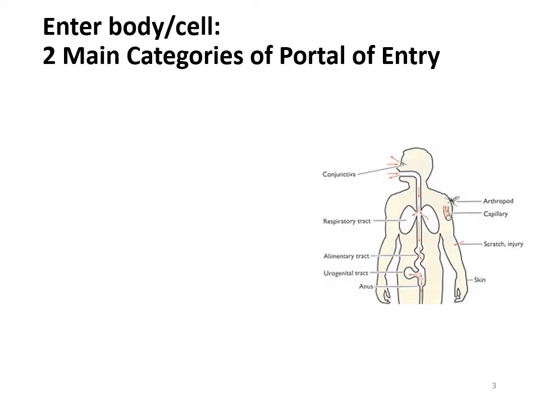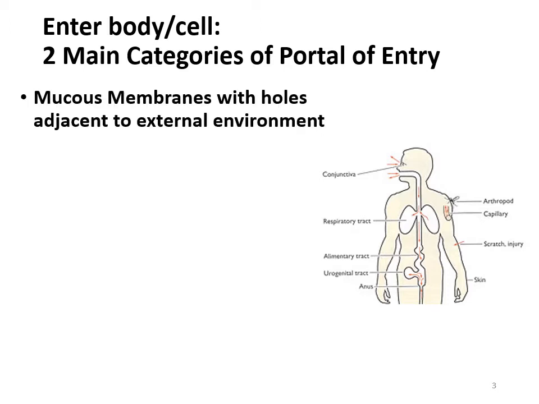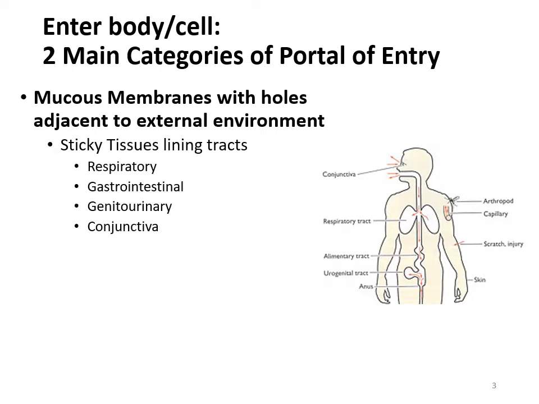There are 2 main categories of portals of entry for bacteria. The first ones are mucous membranes. Any of the tracts listed here, such as respiratory, gastrointestinal, genitourinary, and conjunctiva, have openings adjacent to the external environment and allow microbes to get in.